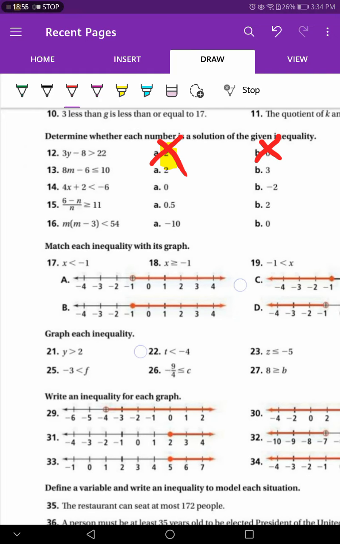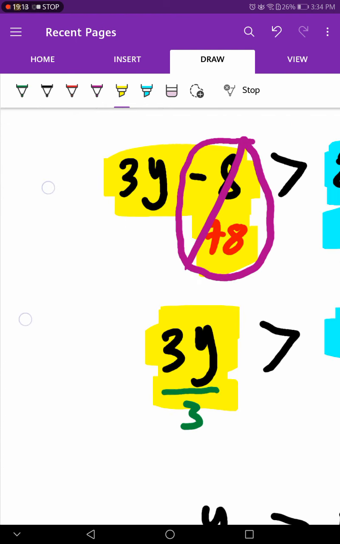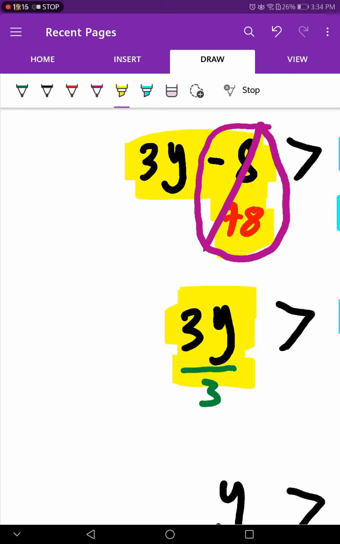Now let us do number 13 by the second way, because the first way is the most important. Can you memorize this, Ryan? 8m -6. Yes, like this one. Okay, it's very easy.